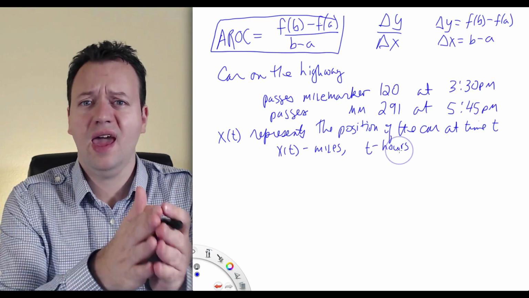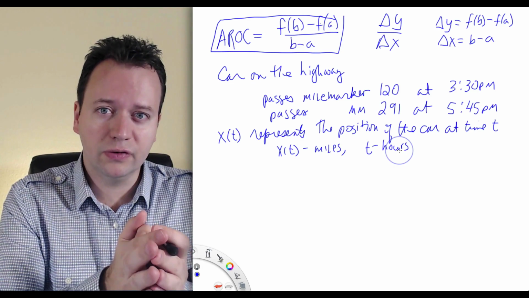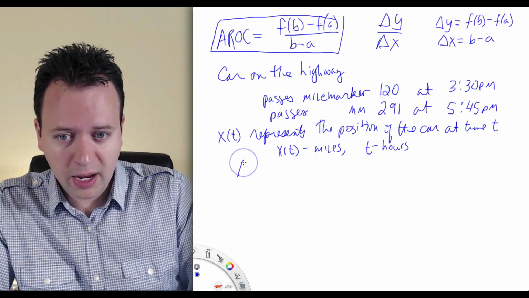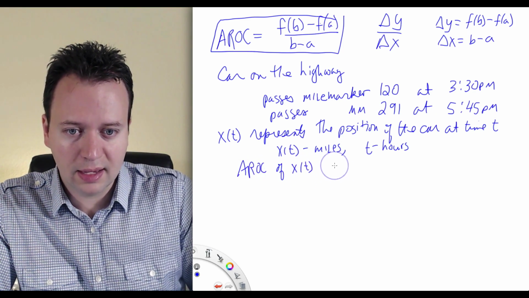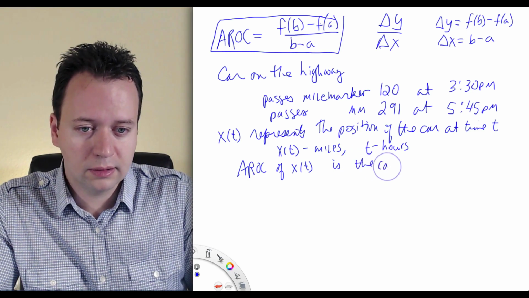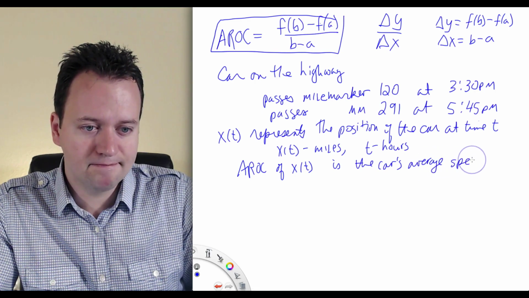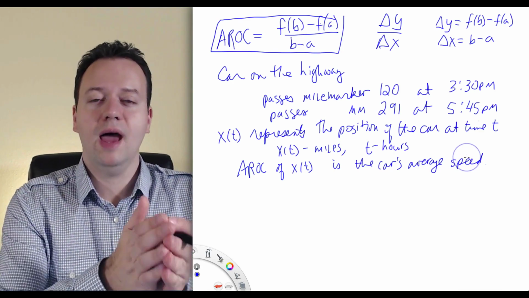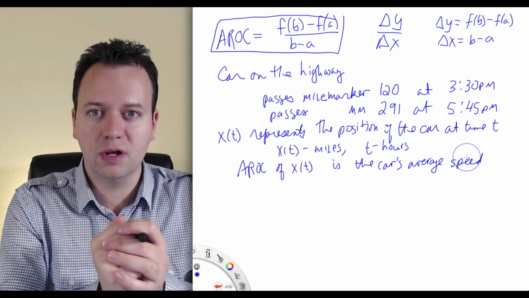So we want to understand the average rate of change of this function. Now, as it turns out, the average rate of change of this function is simply the car's average speed. So the average rate of change of this function x of t is simply equal to the car's average speed over that period of time. So let's see what the average rate of change of x of t is, and we'll understand why it's the average speed of the vehicle.